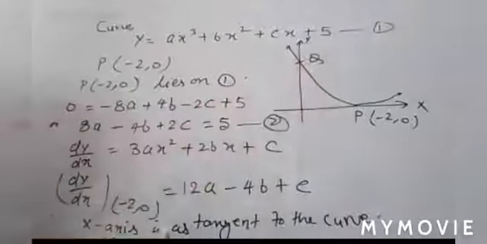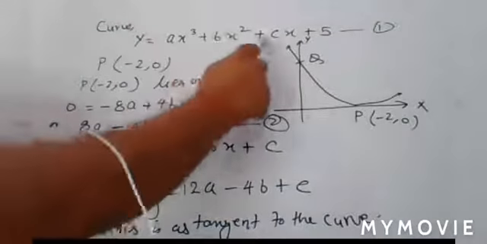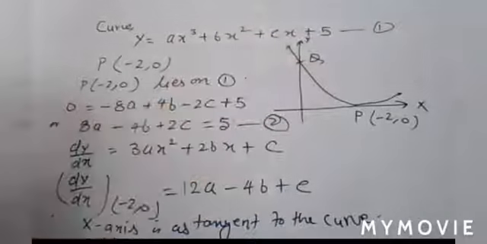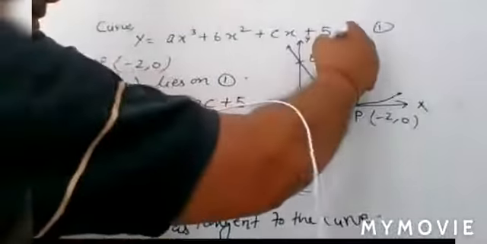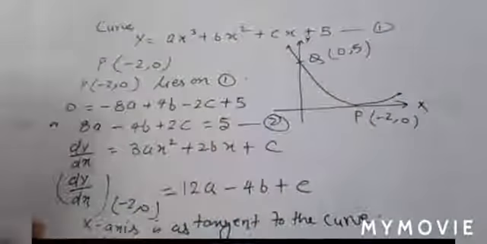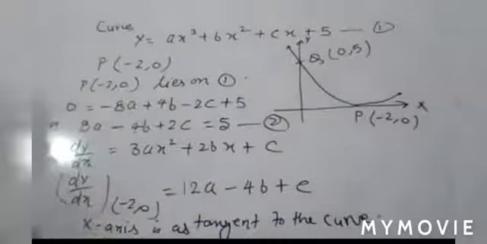You know for the y-axis x is equal to 0. So if you put x is equal to 0 in this given curve, you have y is equal to 5. So the coordinate of point Q is 0, 5. Note that in the figure. So the coordinate of the given point is already known, which is 0, 5.